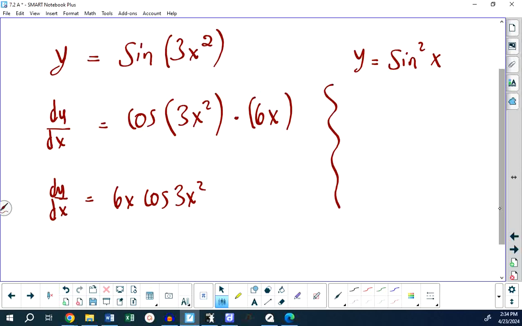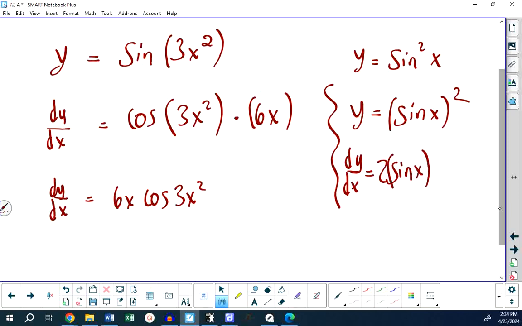Because sine squared of x is a power. First and foremost, this is a power. You wrap that 2 around the base, which stays the same, and you drop 1 from the exponent. Then you multiply by the derivative of the argument of the power. In other words, you multiply by the derivative of the base, or the derivative of what you wrap the exponent around.